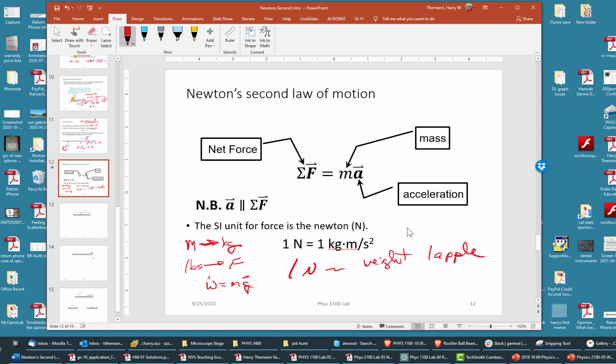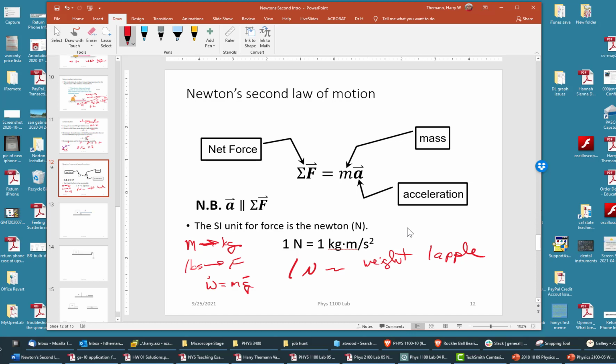But we have a tendency to say we also weigh so many kilograms. So you just have to be careful about that in physics, that weight is a force, so it has to be in newtons, so we need our mass times the acceleration of gravity.